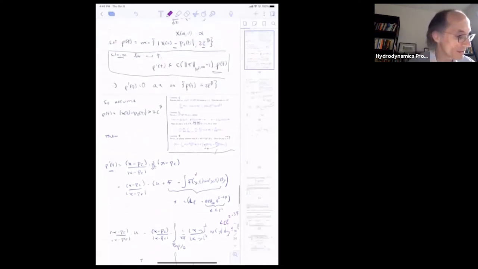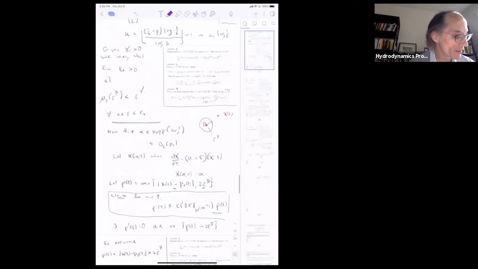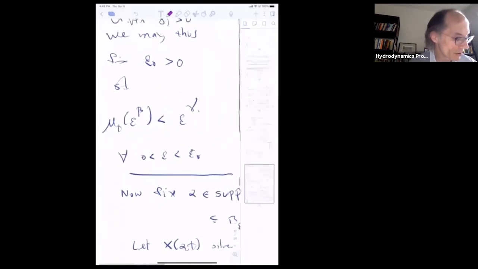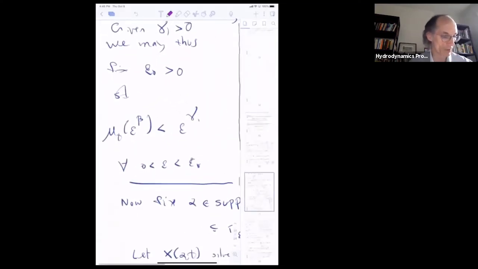That's what we did up here. We arranged that the amount of vorticity outside the ball of radius epsilon to beta is this power, we can make it as small as we like in terms of powers of epsilon.